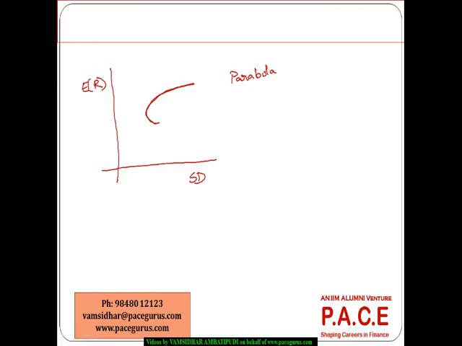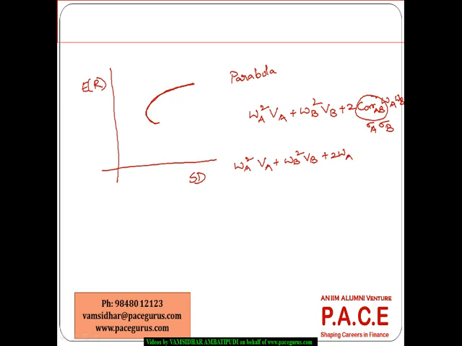Because if you try to look at the formula: WA squared variance of A, plus WB squared variance of B, plus twice the correlation between A and B times WA, WB, standard deviation of A, standard deviation of B. Now if the correlation is +1, you could observe that this expression comes out to WA squared VA plus WB squared VB plus 2WA WB sigma A sigma B. Now it is looking like an (a plus b) whole squared expansion, because VA is nothing but sigma A squared, VB is nothing but sigma B squared.